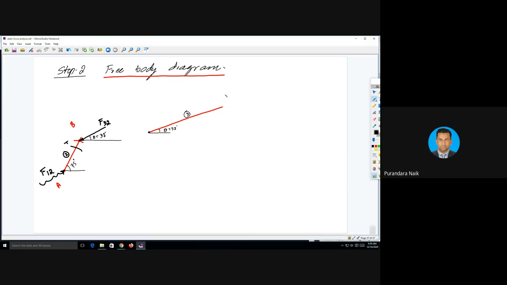That is BC, 5 centimeter. See, F32 is in this direction. Opposite force will be F23. This is F23, opposite to F32.